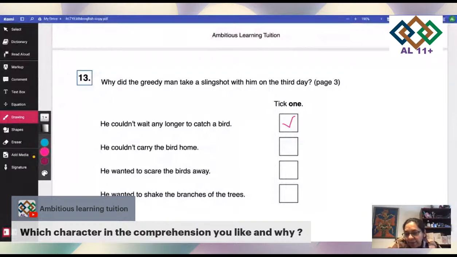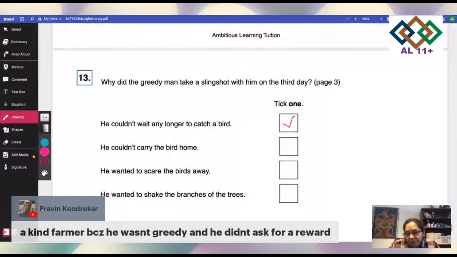Kind, because he was a kind farmer, because he was not greedy and did not ask for a reward. Good. Your answers now. So the farmer, because he was not greedy and did not ask for a reward and he was taking care of the bird.